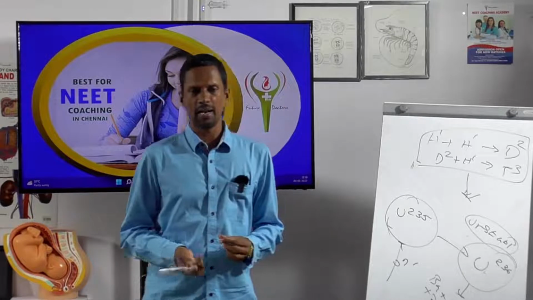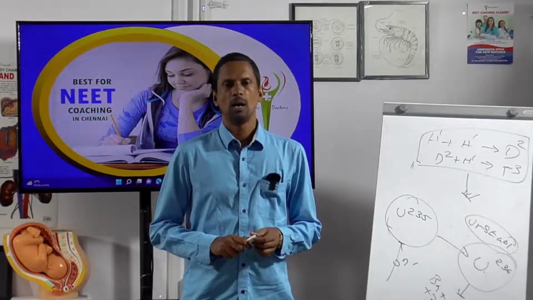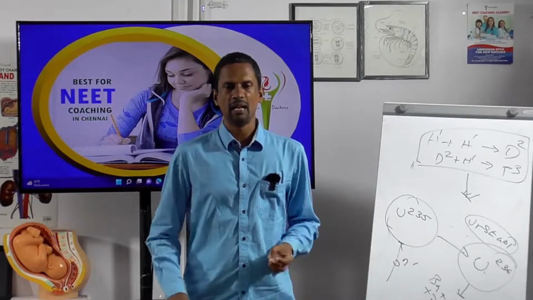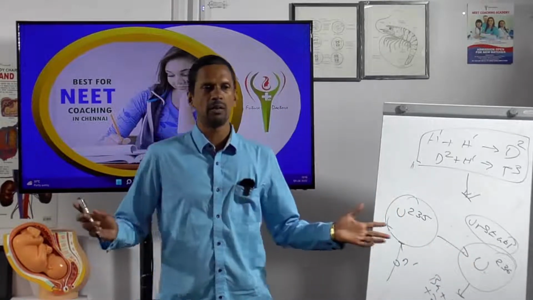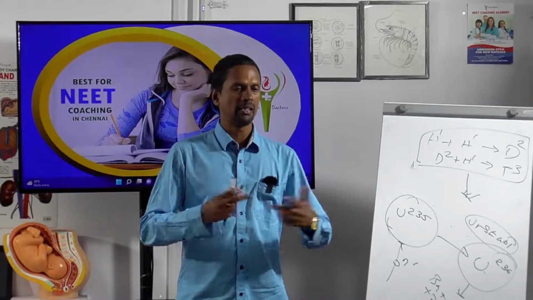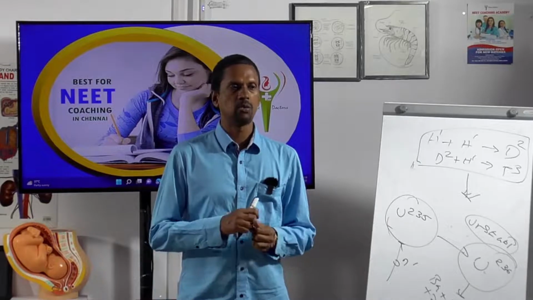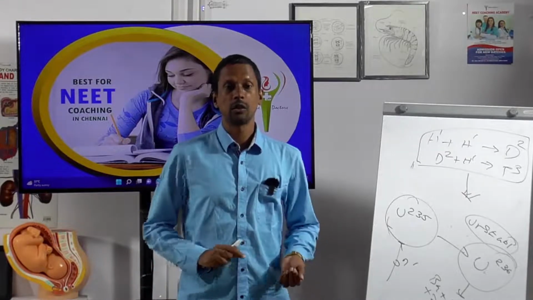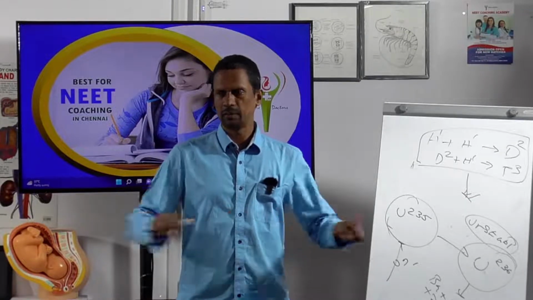How many people died in Hiroshima? Almost 1 lakh people died because of this one bomb, and the entire city was devastated, destroyed, over 100 square kilometers.